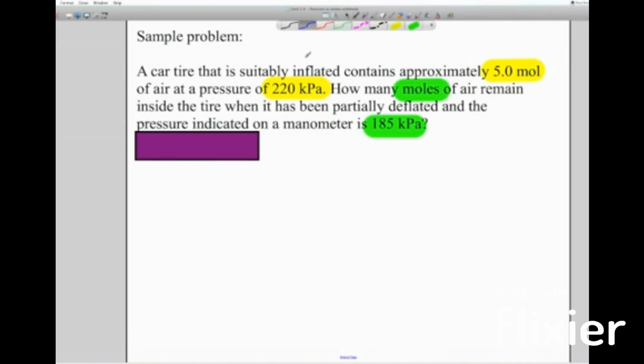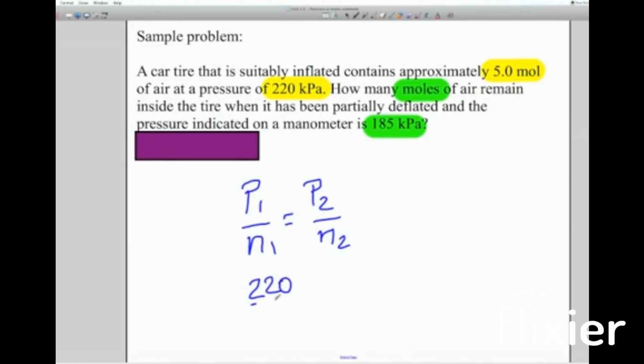we're going to use, of course, P1 over N1 is equal to P2 over N2. So if we replace, P1 is 220 kilopascals, N1 is 5.0 moles, and on the other side we have 185 kilopascals, and we're looking for the number of moles that it corresponds to.